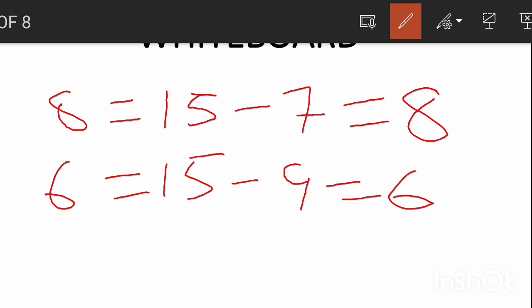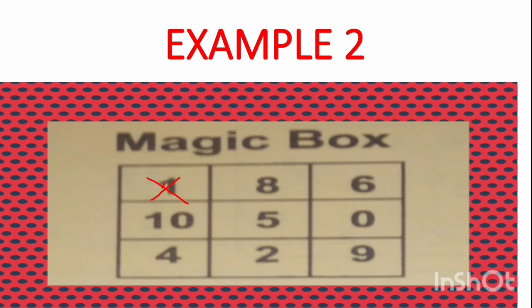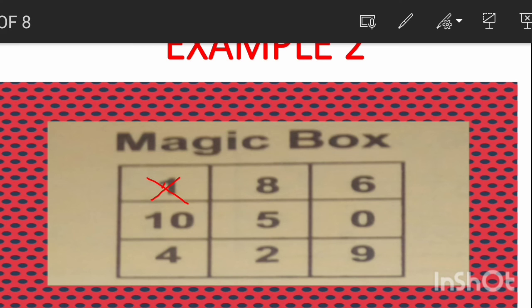Now, that is not the only direction for looking for a missing number in this box. There are other methods, other lines which you can use. That's not the only line. Yes, we can also use the diagonal here to look for your missing number.